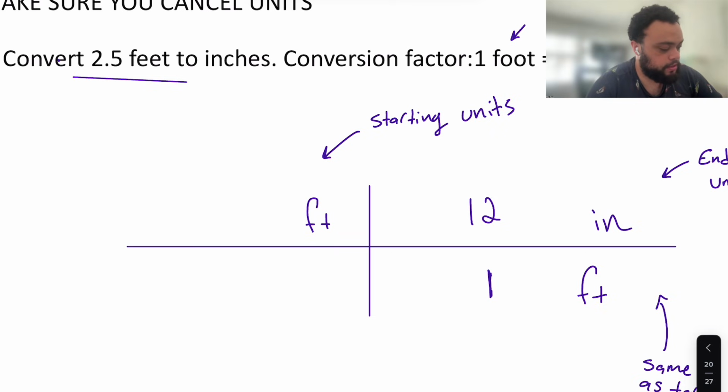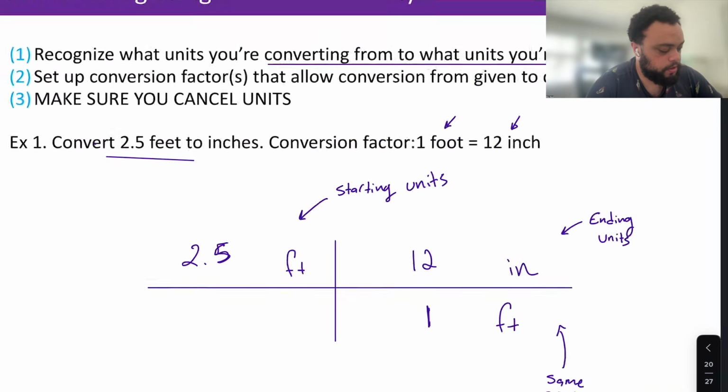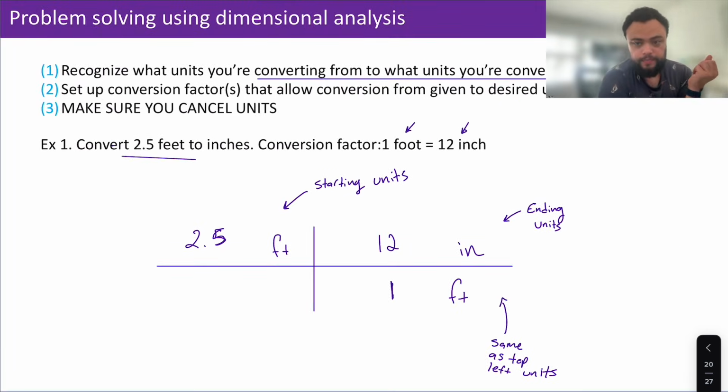Feet is on the top left, so 2.5 is going to go in the top left along with feet. What we're going to do then is collapse it. Everything on the top is multiplied together, and everything on the bottom is multiplied together. Now, the bottom left is empty for a reason. Most times you do this, there will not be anything in the bottom left of this train track, so that's okay. You can just ignore that.